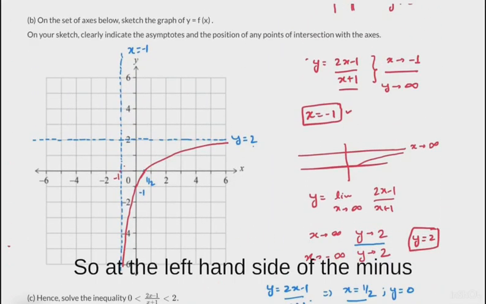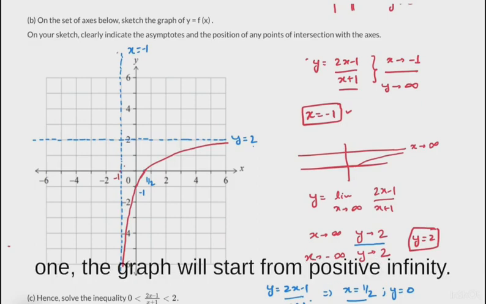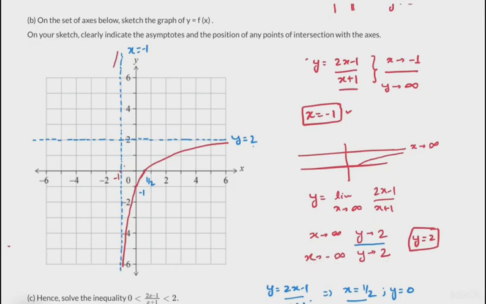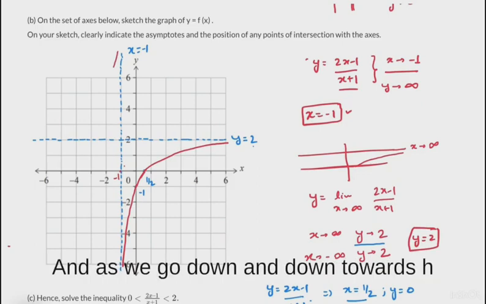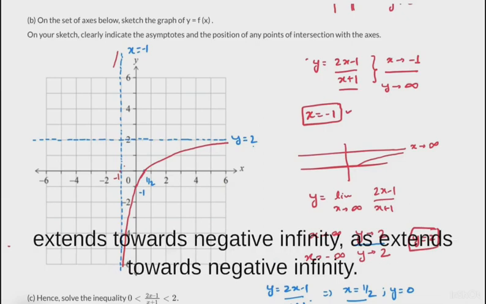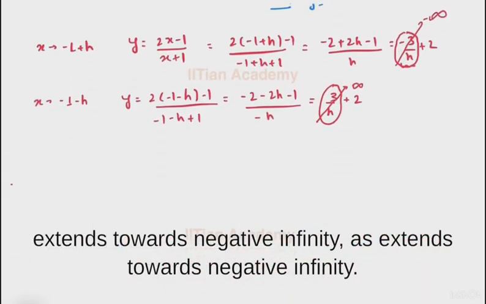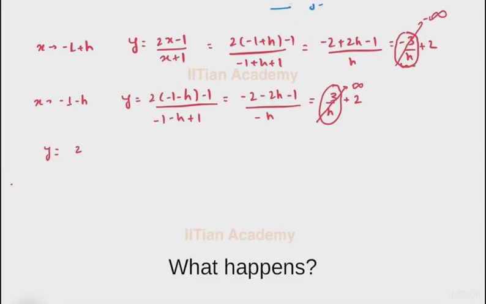So at the left hand side of -1, the graph will start from positive infinity, and as we go down and down towards, as x tends towards negative infinity, what happens?